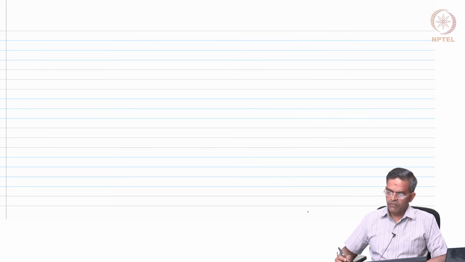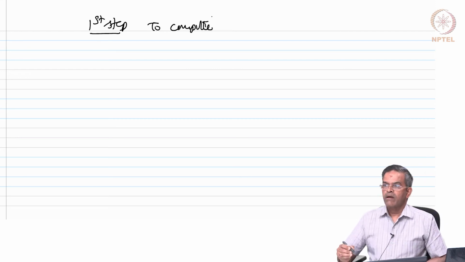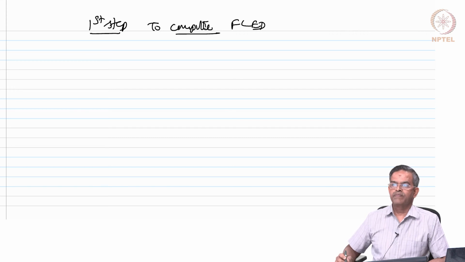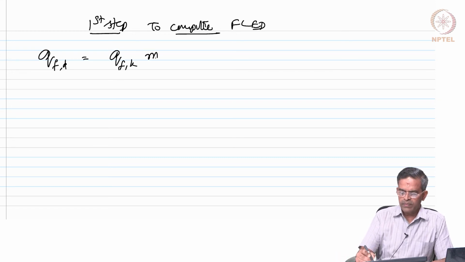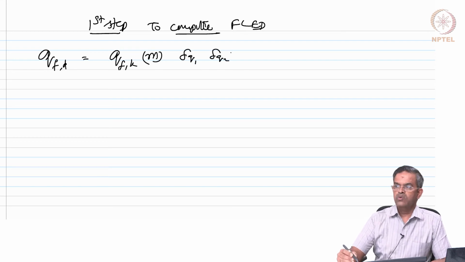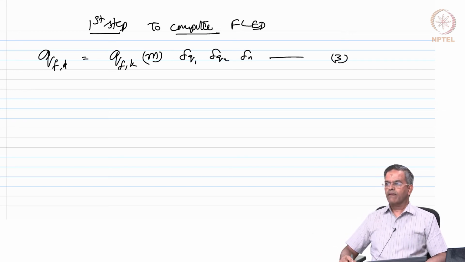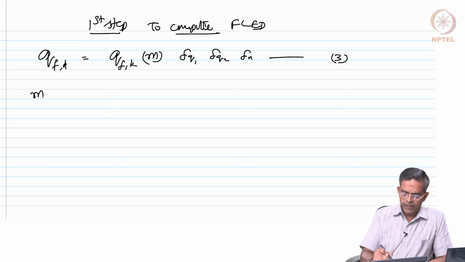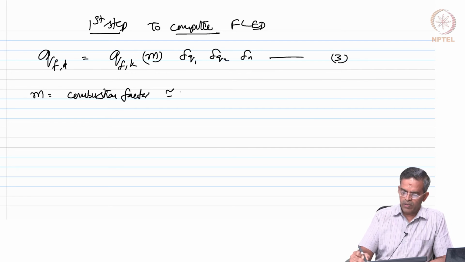So, therefore, friends, in fire resistant design, the first step is to compute fire load energy density, okay, which is given by QFD equals QFK times m times del Q1, del Q2 and del N, calls equation number 3, where m is the combustion factor, which is approximately 0.8.